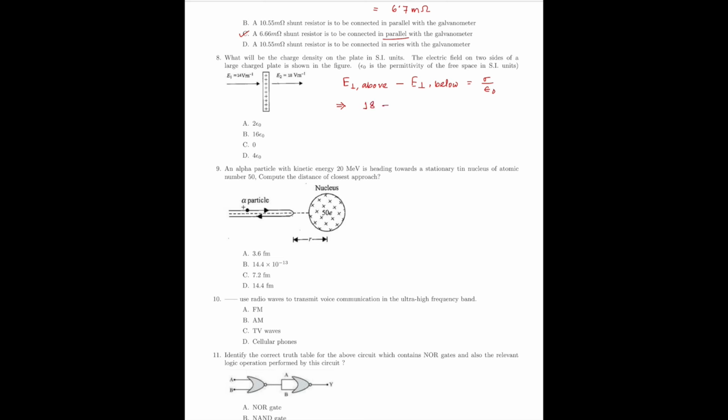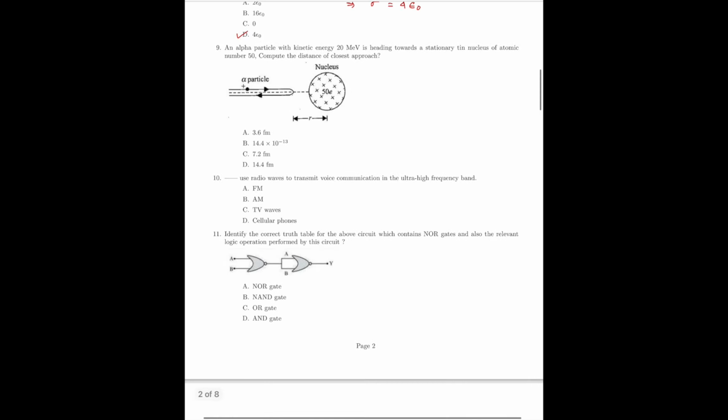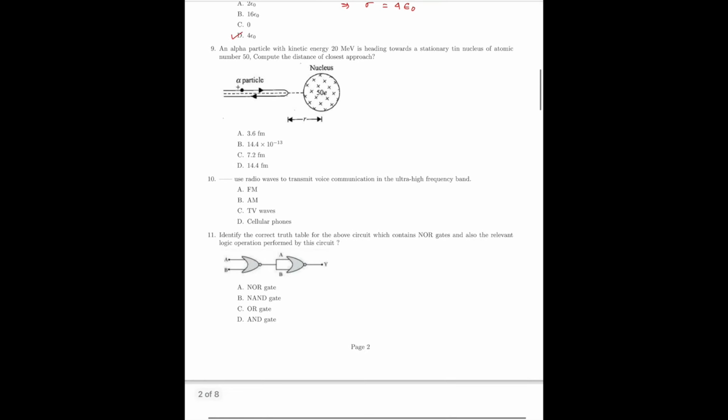Using this relation, 18 minus 14 is sigma by epsilon naught. So sigma is 4 epsilon naught. Option D is correct.